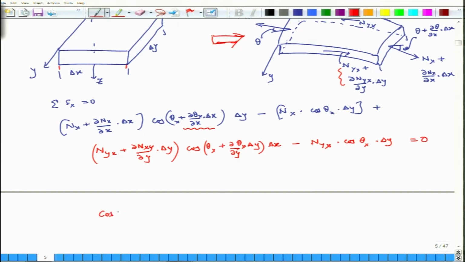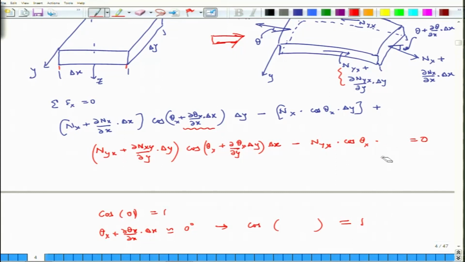So, cosine of 0 is equal to 1, and theta x plus del theta x over del x times del x is approximately equal to 0 degrees. So, the cosine of this entire angle will still be pretty close to 1, okay.